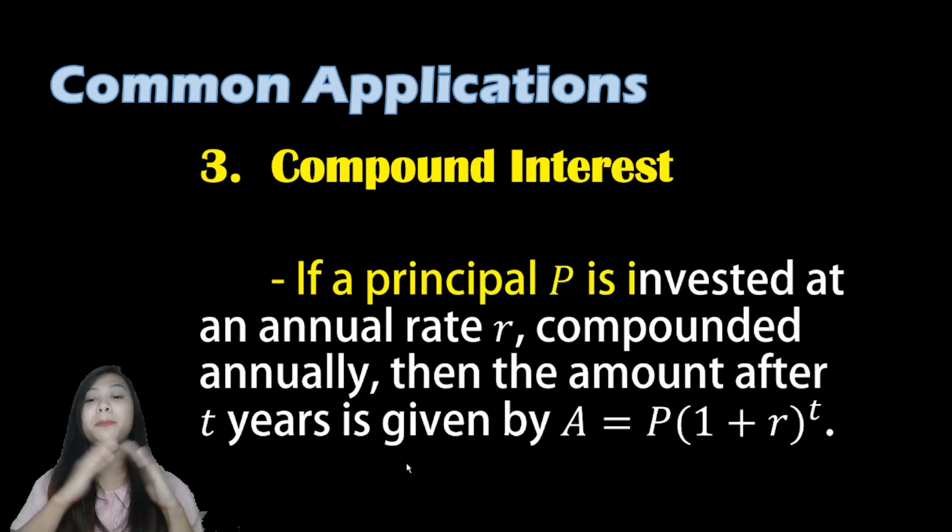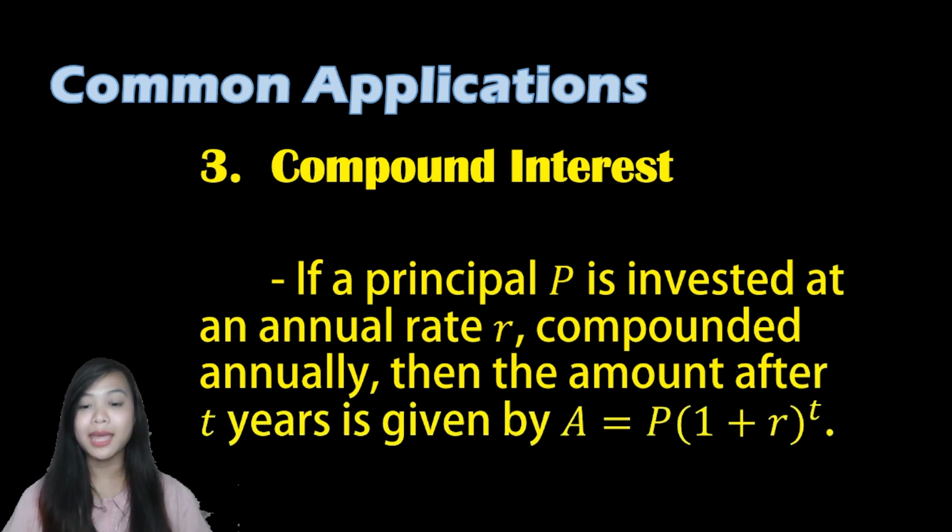If a principal P is invested at an annual rate R, compounded annually, then the amount after T years is given by A, which is the future value, equals P, the principal amount, multiplied by the quantity 1 plus R. Your R here is the annual rate.